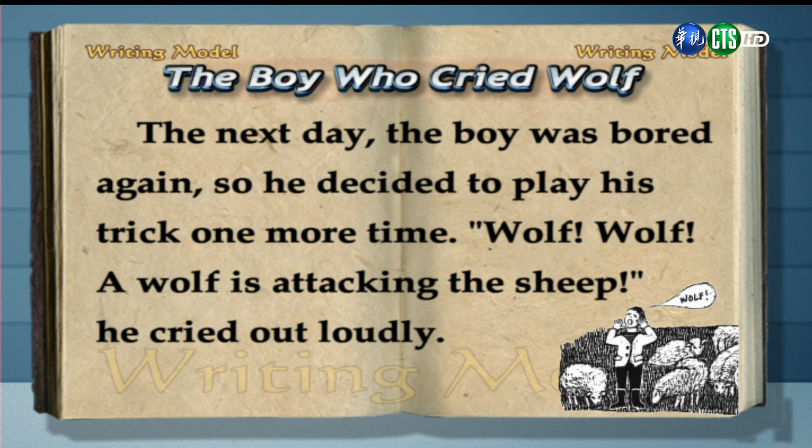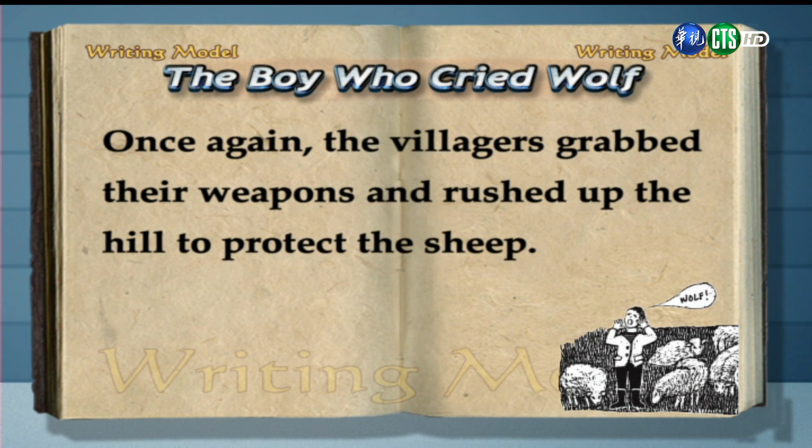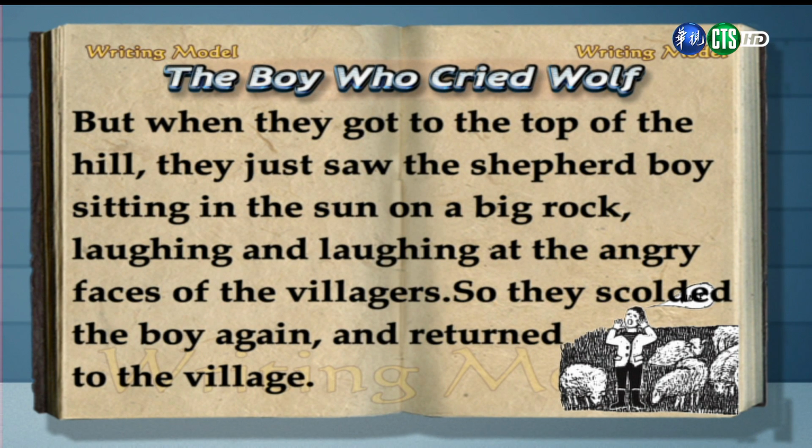time. "Wolf! Wolf! A wolf is attacking the sheep!" he cried out loudly. 隔天，这男孩又感觉到无聊了，所以他决定再开一次玩笑。狼来了！狼来了！有狼在攻击羊群啊！他再一次大声地喊叫着。 Once again, the villagers grabbed their weapons and rushed up the hill to protect the sheep. 再一次的，村民们抓起了他们的武器，匆匆忙忙地赶来，想保护羊群。 But when they got to the top of the hill, they just saw the shepherd boy sitting in the sun on a big rock, laughing and laughing at the angry faces of the villagers.